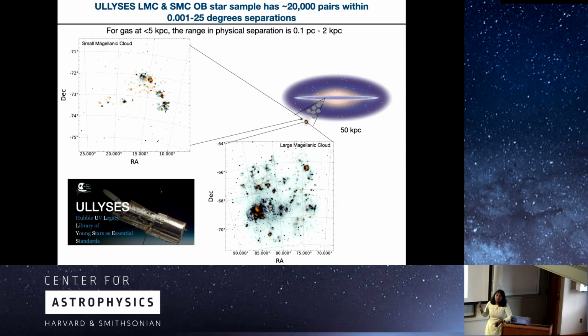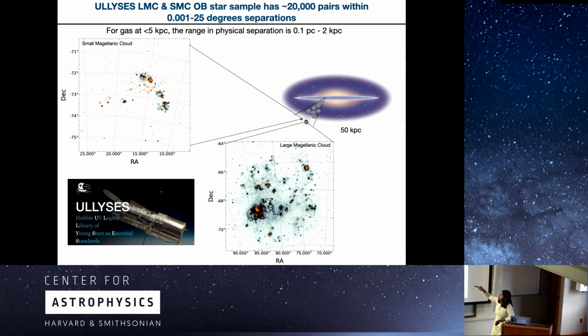And that's where the ULLYSES program came in, which is Hubble's Director's Discretionary Program. They have archived 400 UV spectra of OB stars in the Large and Small Magellanic Cloud. This is the Small Magellanic Cloud sample, and this is the Large Magellanic Cloud sample.